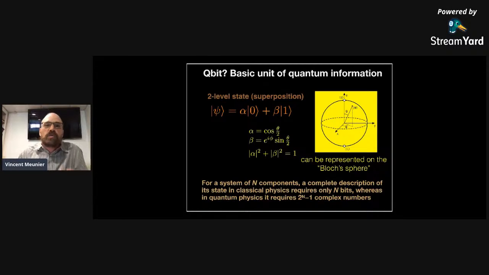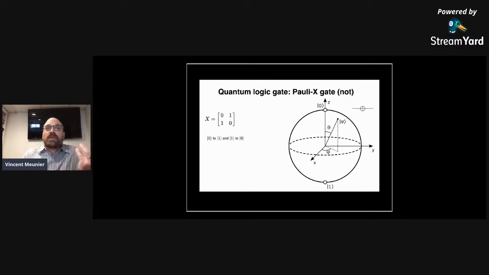And so what we do, and this is really very much in the realm of physics, is that we end up with a state psi, which is a superposition of 0 and 1, which can be manipulated by operators.